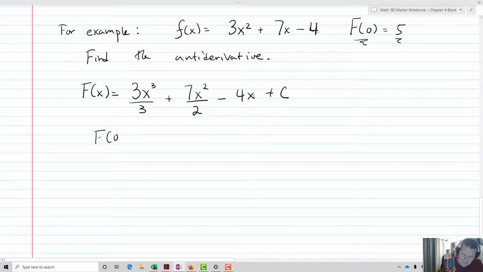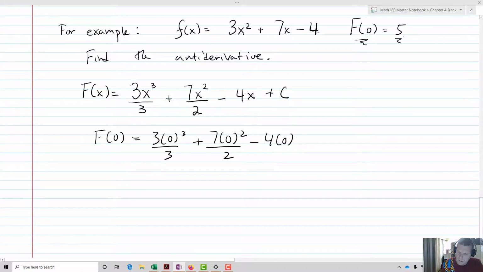So big F of 0 equals 3 times 0 cubed over 3 plus 7 times 0 squared over 2 minus 4 times 0 plus c, which is going to equal 5. And what you notice is that the first 3 terms go away, and so we end up with c equals 5 as our constant.